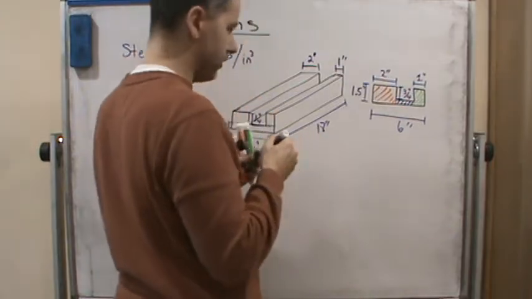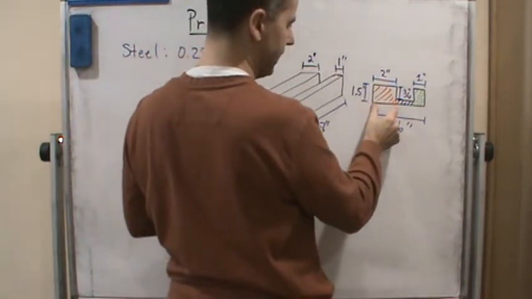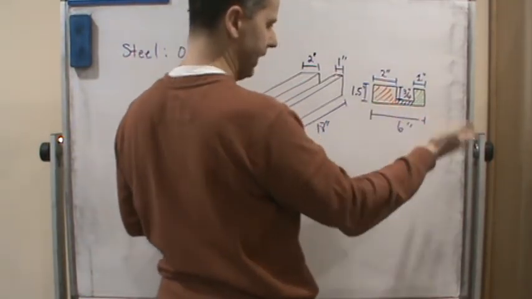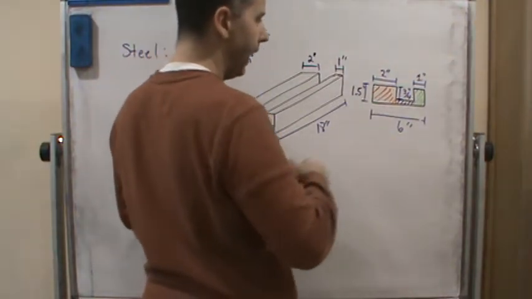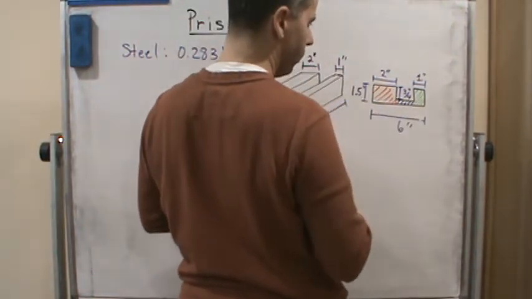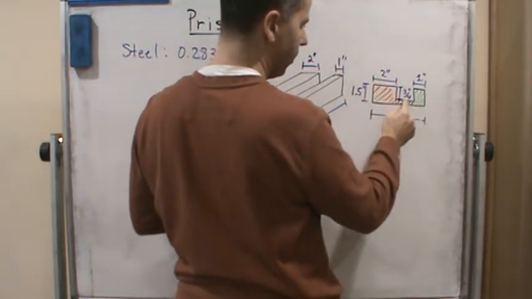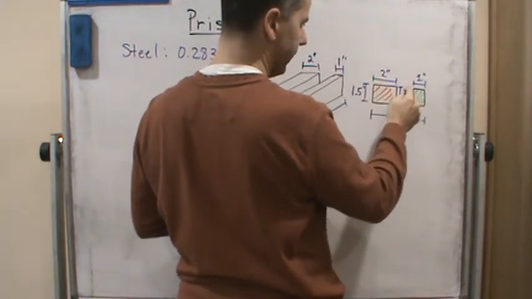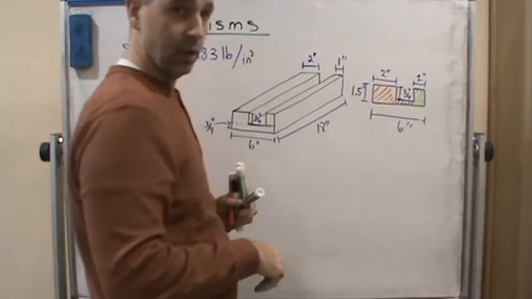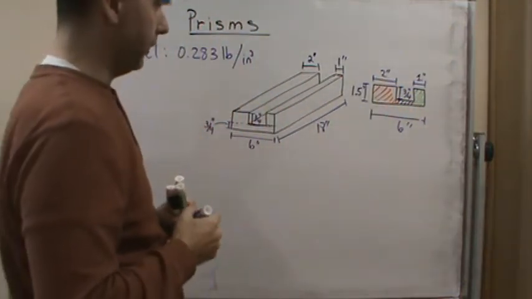So I could find the surface area of this piece easily, and this piece easily, and add them up. Or I could fill this in and deal with the large rectangle and then subtract off the rectangle that's cut out. Either way, okay?